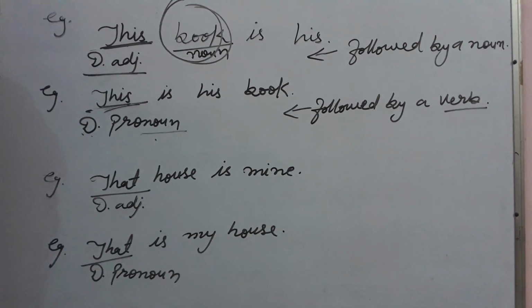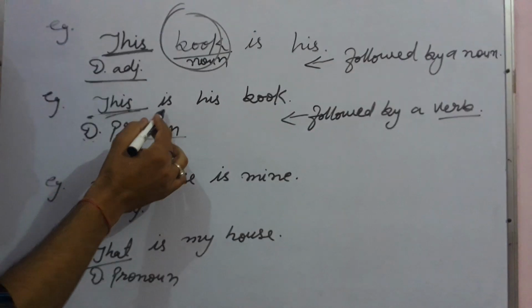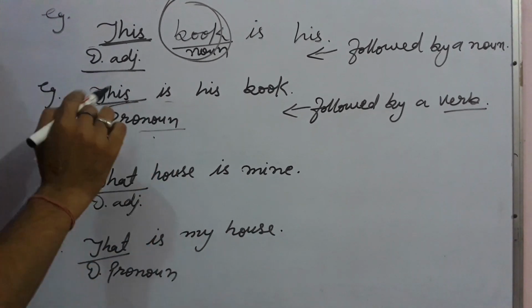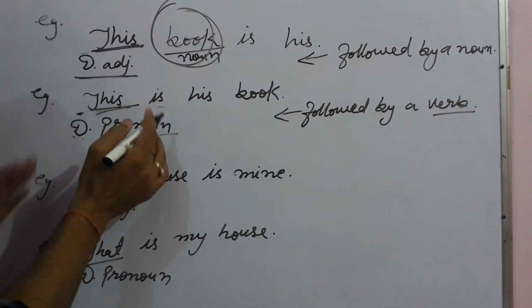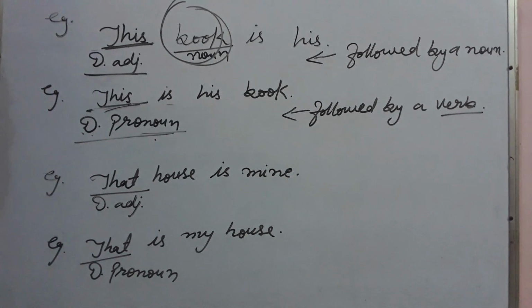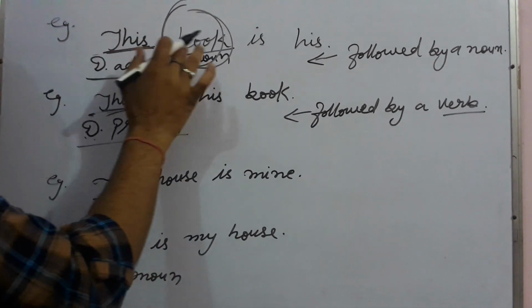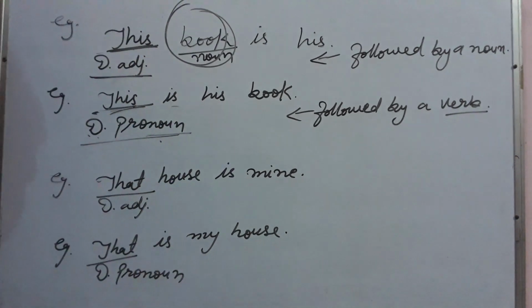You can see here it is followed by a verb, not a noun. So it is not followed by a noun. That's why we will put it in the demonstrative pronouns category. And this one is followed by a noun, that's why it is a demonstrative adjective here.